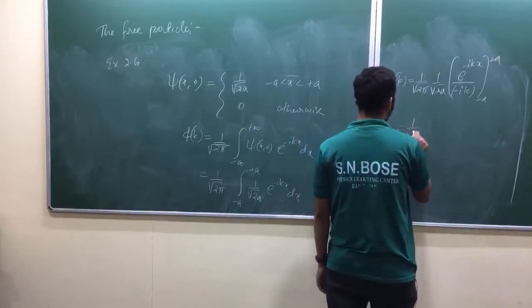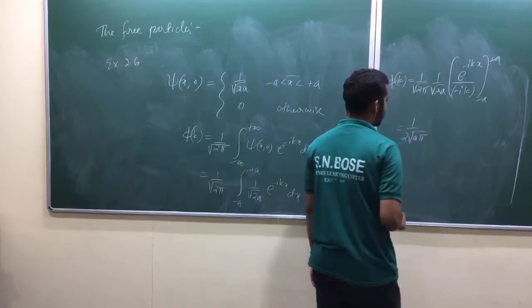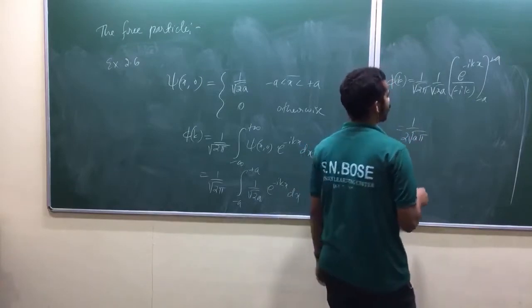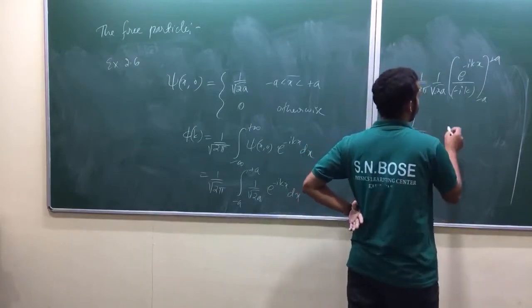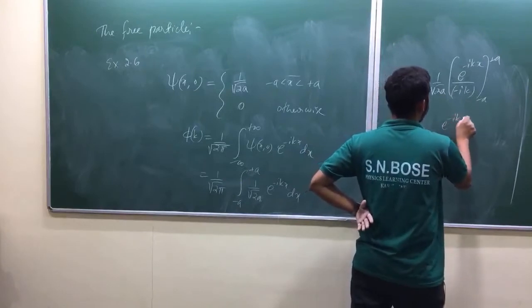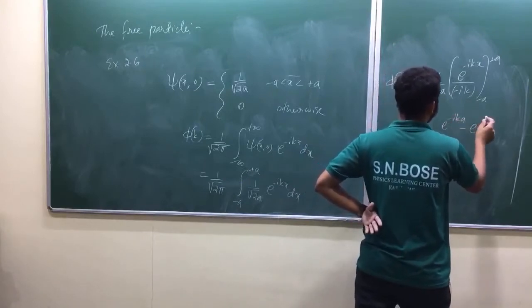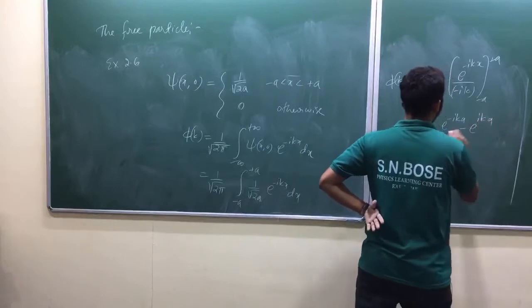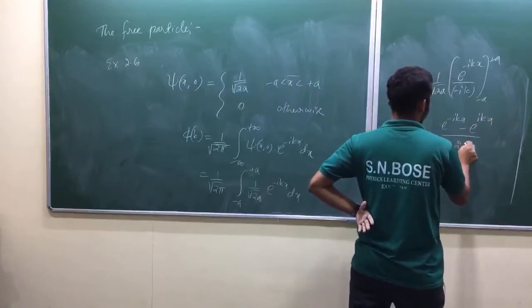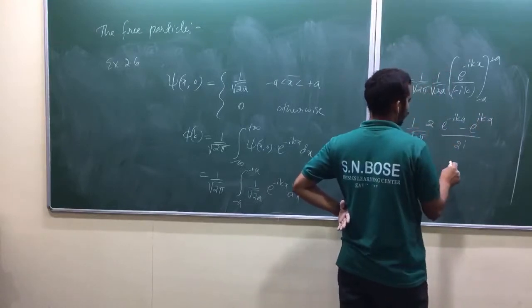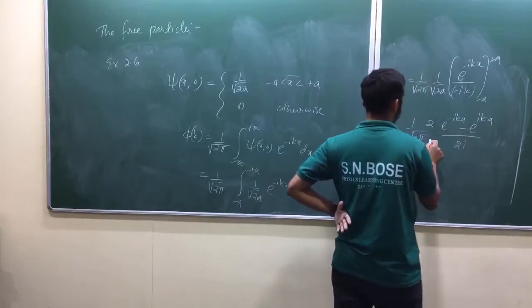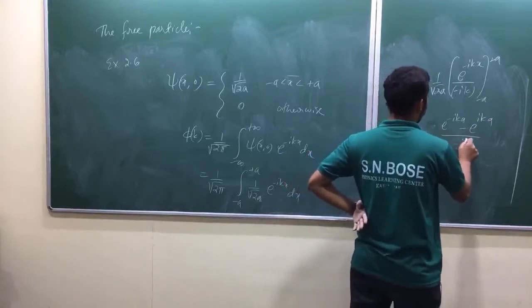That is 1 by 2 root of a pi, e power minus i k a minus e power i k a, divided by minus i k.